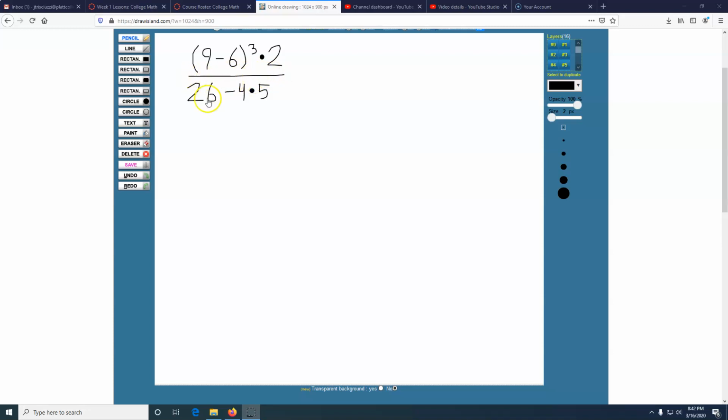In fact, what you should really think about when you see these kinds of problems is a fraction is kind of like having the top part in parentheses and the bottom part in its own set of parentheses. They're separate from each other. So you should get the top as small as possible, then get the bottom as small as possible, and then the very last thing you do is worry about that fraction bar.